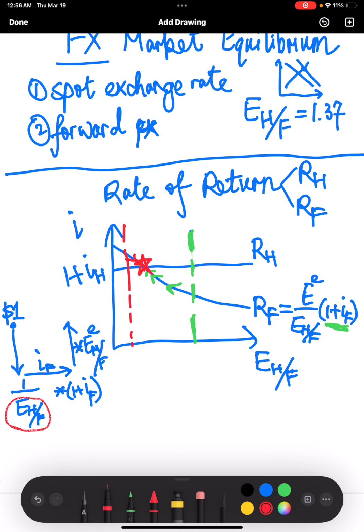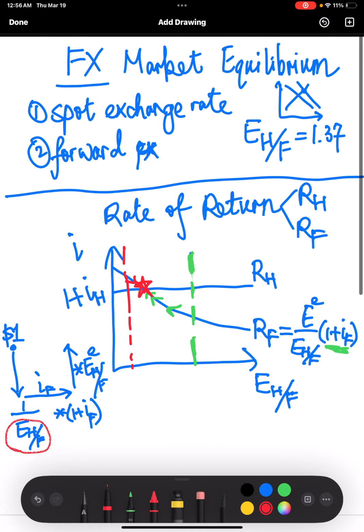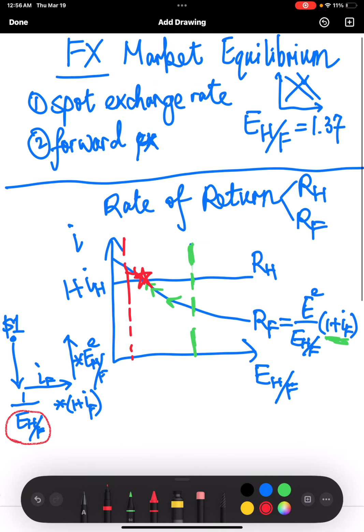So from here you can really see that the foreign exchange market equilibrium is to equate the rate of return at home and the rate of return abroad.